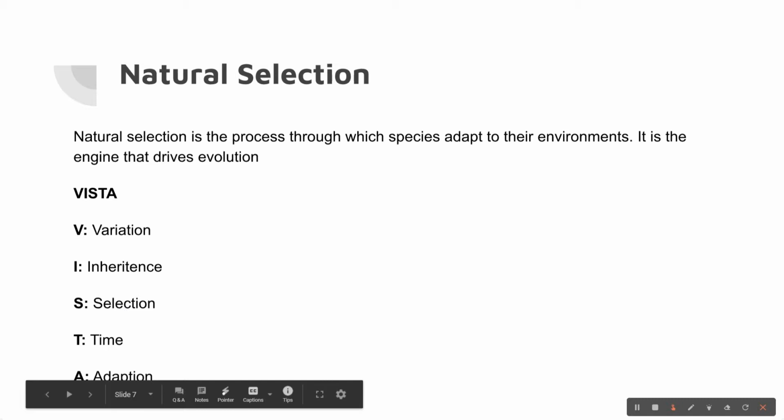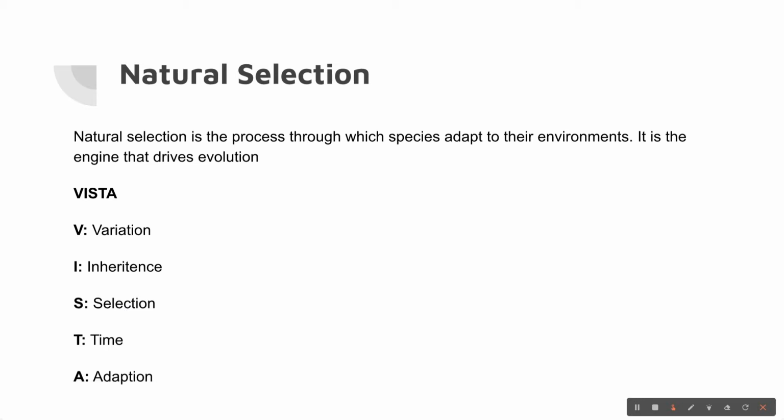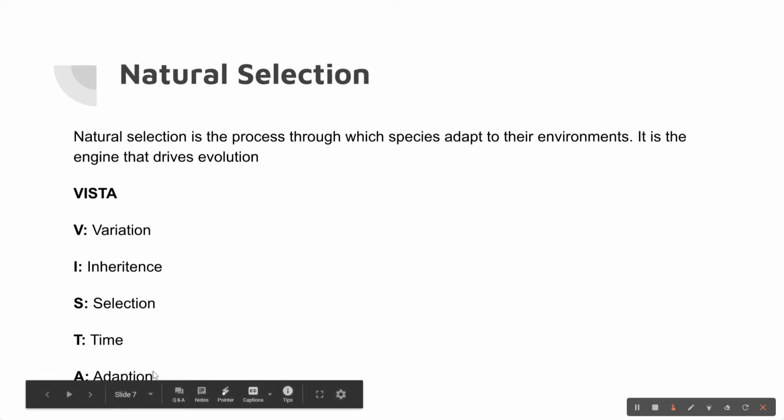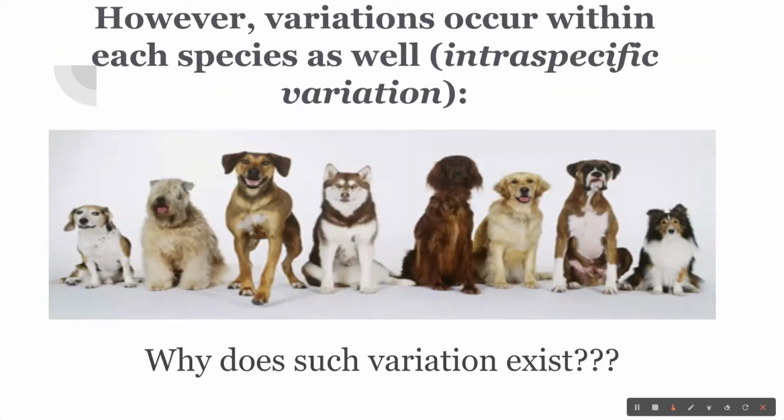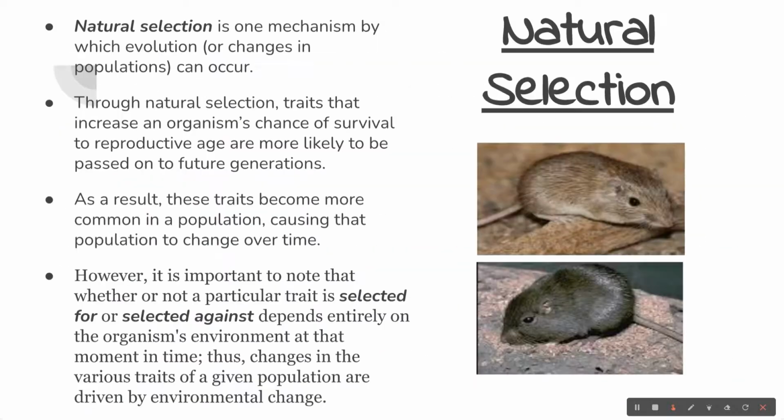Selection would be selected for or selected against in a population. Time, we didn't really cover that so much, but it happens over a long period of time. Adaptation would be the fact that something has adapted to a certain environment later on. You kind of go through them.